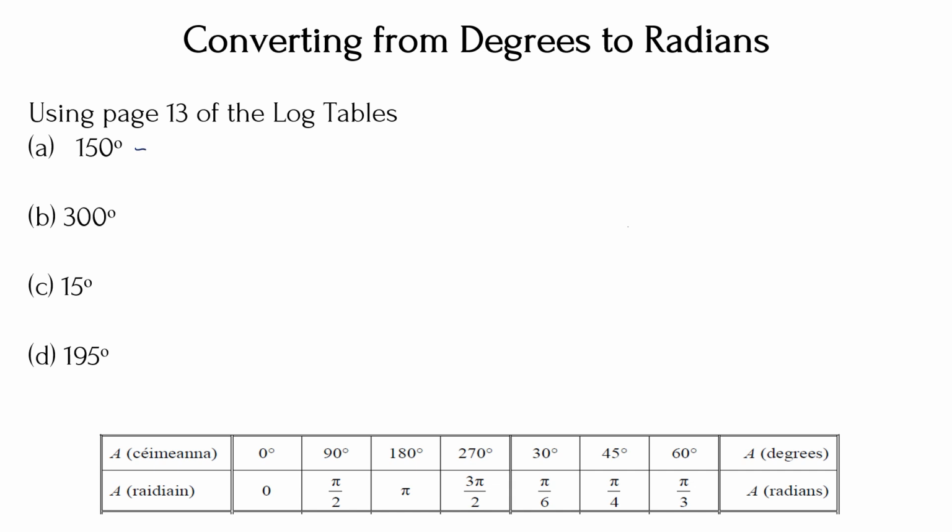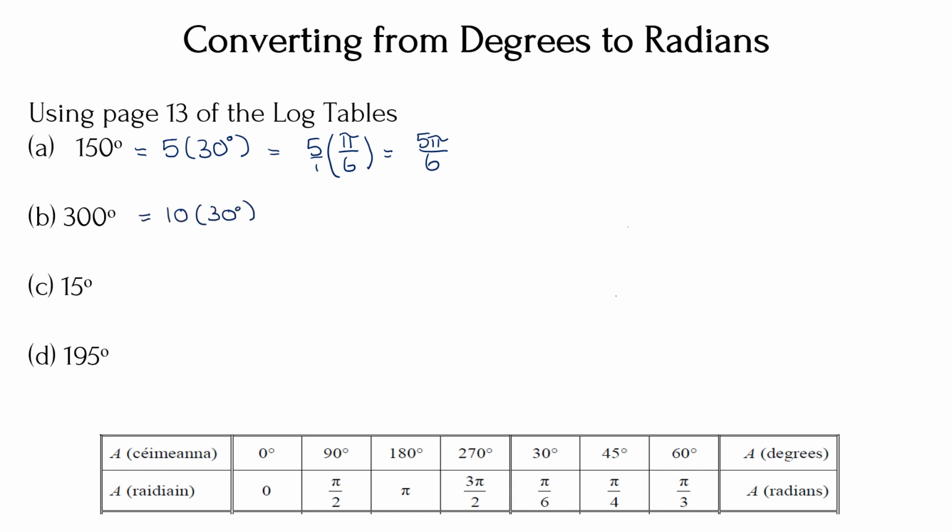So 150 can be written as 5 by 30 degrees, and instead of 30 degrees, we can put in pi over 6. When we're multiplying fractions, you multiply across the top, across the bottom. Remember that 5 is like 5 over 1, so we get 5 pi over 6. Lovely and straightforward.